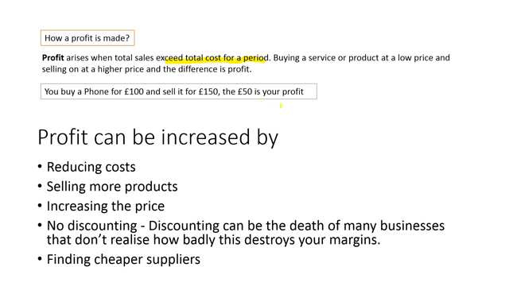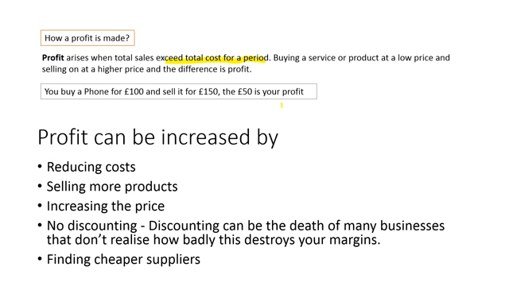The £50 is your profit. So profit is made by making something or coming up with an idea and selling it on. Profit is basically getting rewarded for something that you have produced. So that's how profit is made.